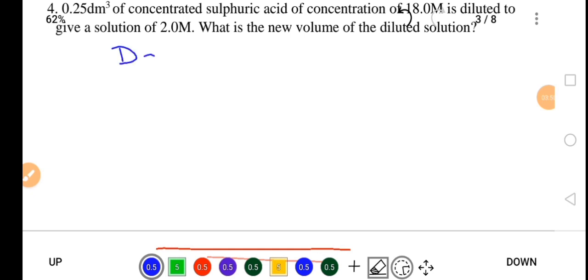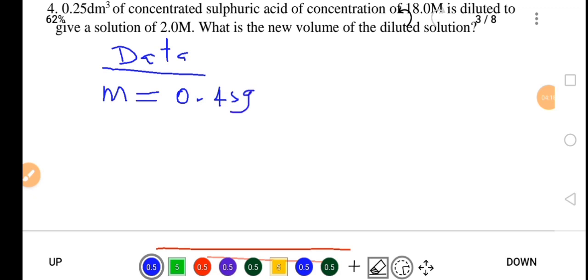First of all, we are going to come up with data. Very important. They have given us the mass of glucose to be 0.45 grams, and they have given us the volume to be 0.075 decimeter cubic, and the concentration is what we are looking for, X. What are we going to do?